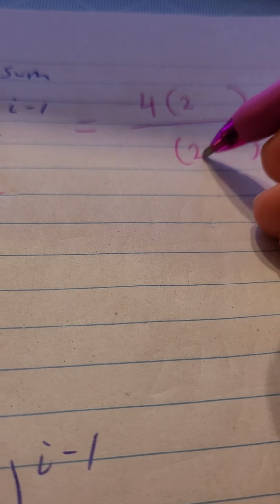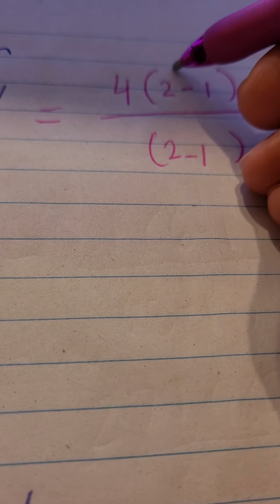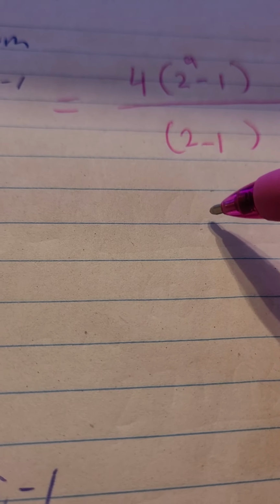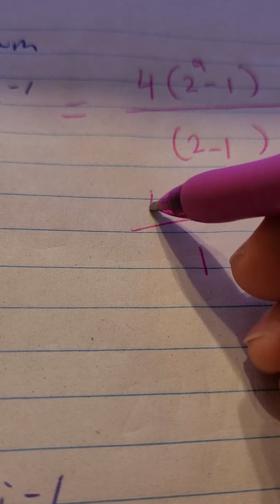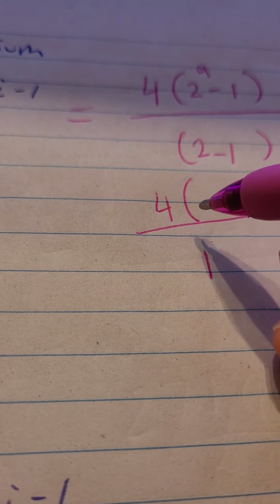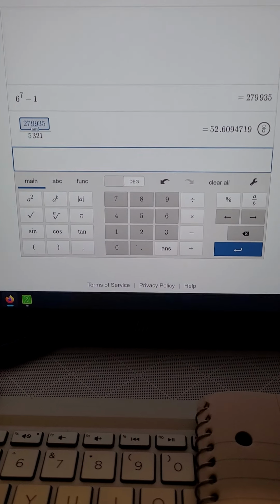We have a 2. We are subtracting 1, and excuse my phone getting unfocused and refocused. I'm not moving it that much. And we have a 9, okay? And the bottom is going to be 1. We do need that 4 right there. 2 to the 9th. I can't think of what 2 to the 9th is off the top of my head, so I'm going to go back to the calculator.